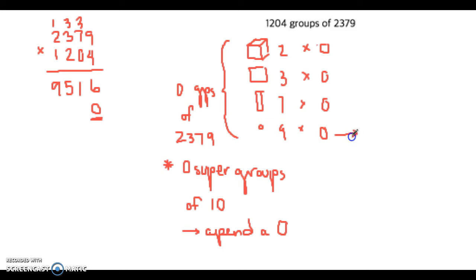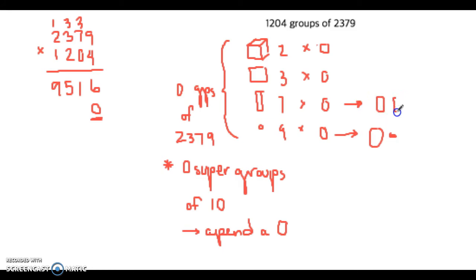So, for 9 singles times 0, we're going to get 0 singles. For 7 rods times 0, we're going to get 0 rods. For 3 flats times 0, we're going to get 0 flats.